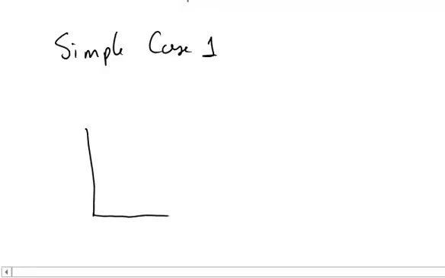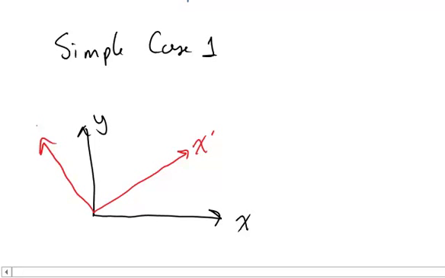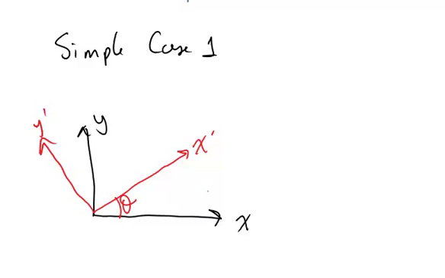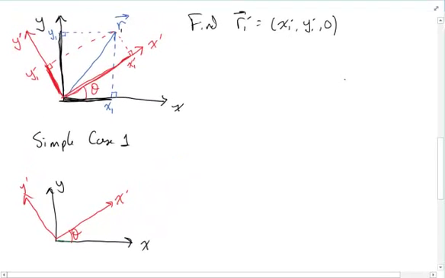So here is my coordinate system. There's x, there's y. Here are my rotated coordinates, x prime and y prime, rotated at an angle theta. And here is my vector that lies along the x-axis, and I'm going to call this x1.